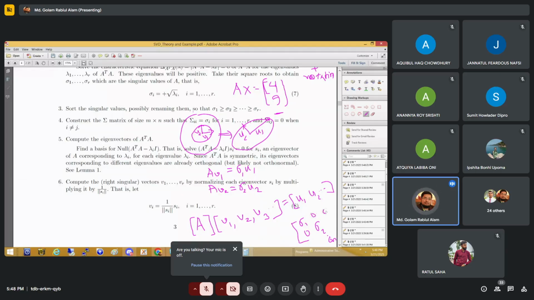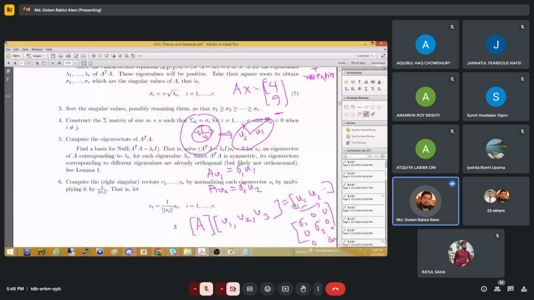So this kind of matrix. If we multiply this one with that one, then we will get A v1 equal sigma 1 u1, and then A v2 equal sigma 2 u2, like this way. So this is the representation.